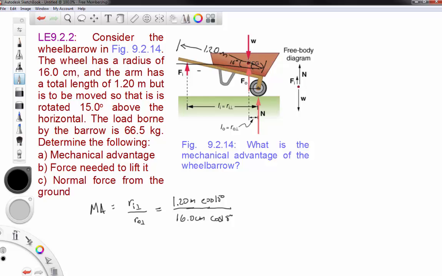As this thing rotates, this dot will rotate like so. That's going to decrease the perpendicular distance, hence this cosine of theta part can cancel out. What you get is basically 1.2 divided by 0.16, since this is in centimeters, which is a total mechanical advantage of about 7.5.